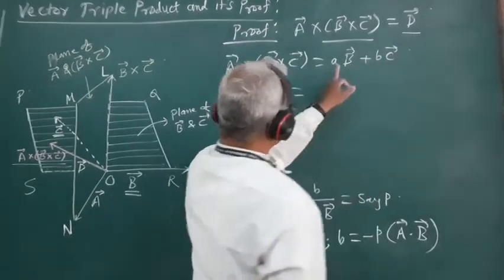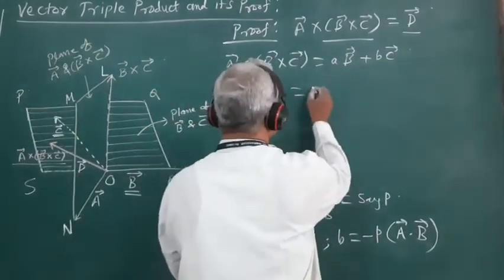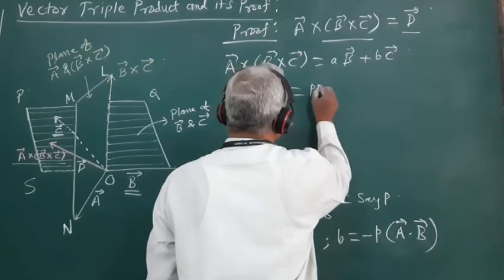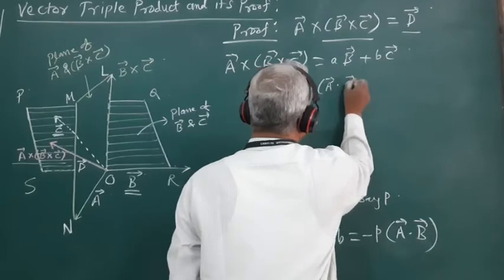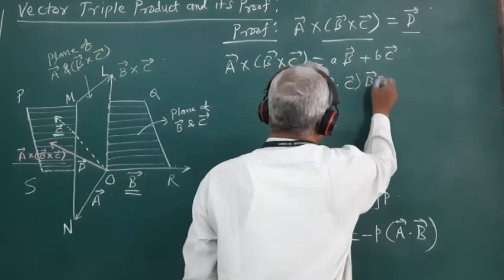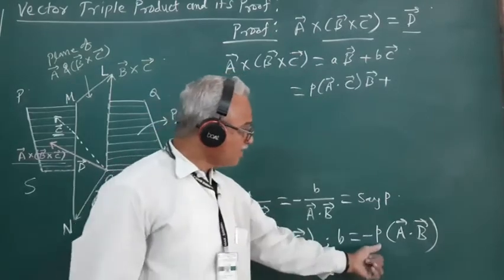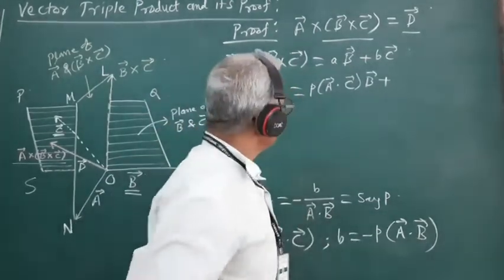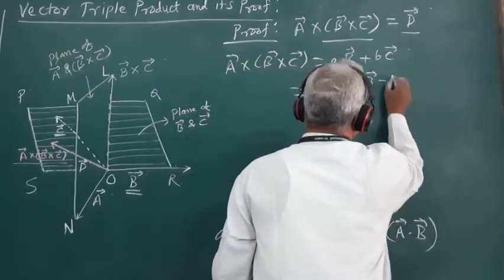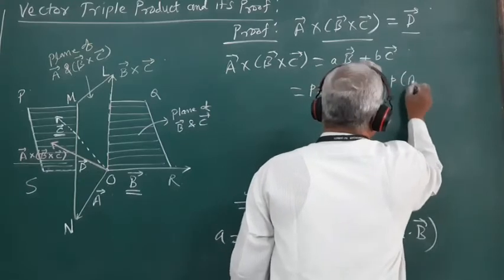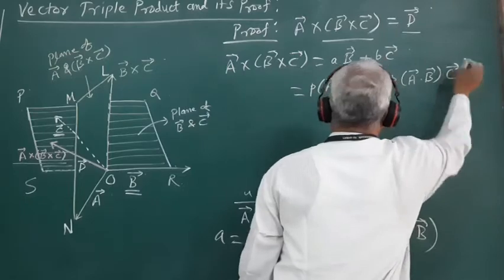Using the value of A as P into A bar cross C bar, this is P into A bar dot C bar into B bar, plus B is to be replaced by minus P into A bar dot B bar, so this will be minus P A bar dot B bar into C bar.